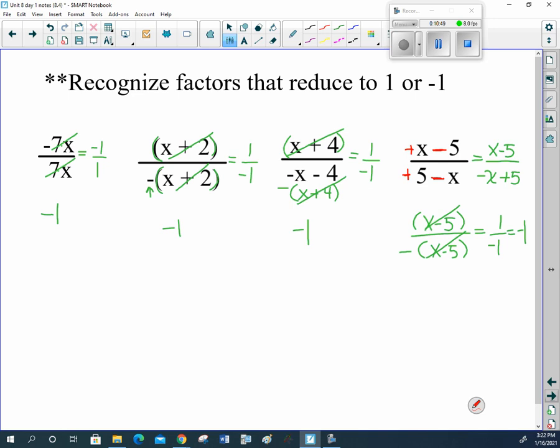Those two are opposite. So the signs in the numerator are all exactly opposite of every sign in the denominator. If that's true, then it's always going to reduce to negative 1. Now, if they were exactly the same, it would reduce to 1. And if there was some kind of partial identical signs, then that would be a neither.